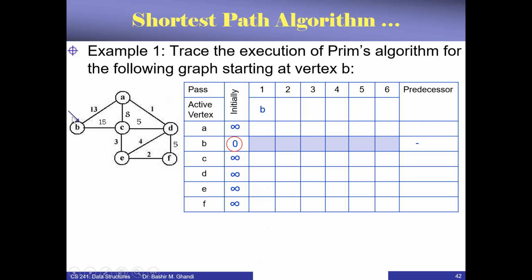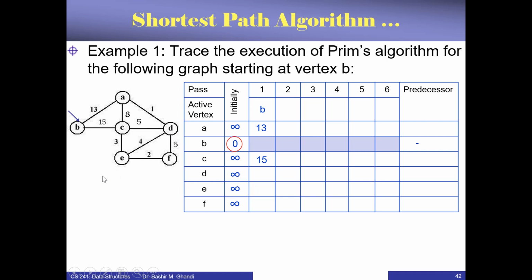Okay, so now you position yourself at B and ask where can you go from B. Obviously you can reach A with a cost of 13, and you can reach C with a cost of 15. The rest of the vertices you cannot reach.